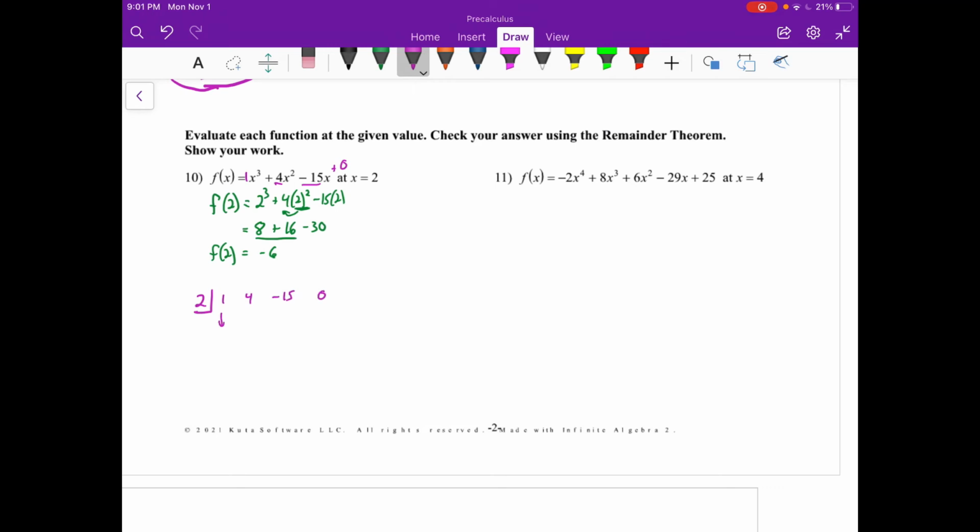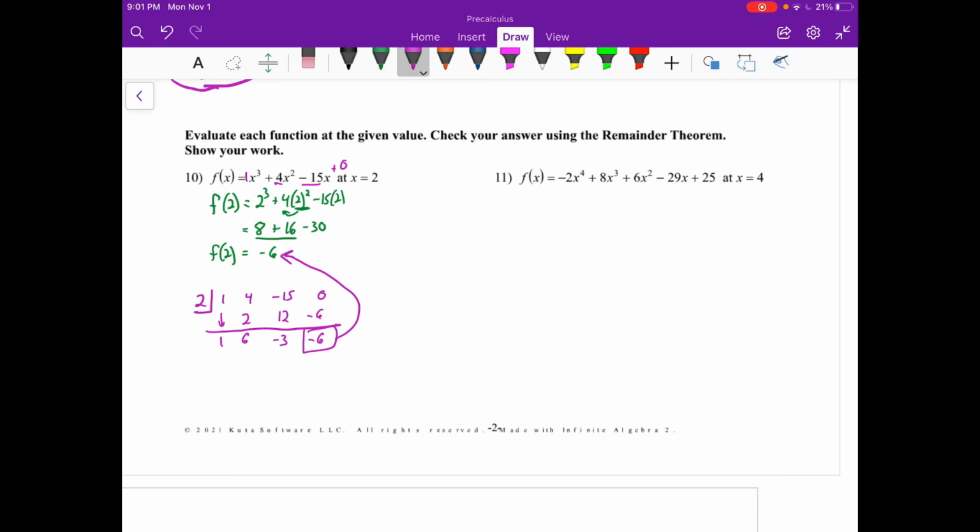We bring down the 1. 2 times 1 is 2. 4 plus 2 is 6. 2 times 6 is 12. Negative 15 plus 12 is negative 3. And 2 times negative 3 is negative 6. Negative 6 plus 0 is negative 6. And the remainder is the same as f of 2.